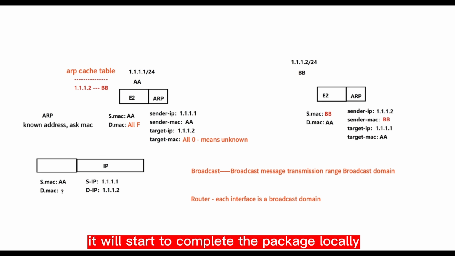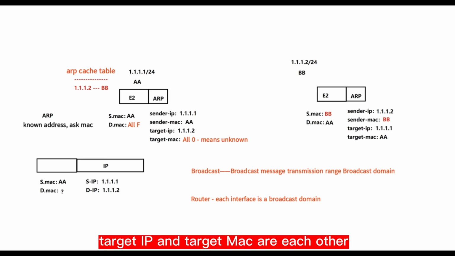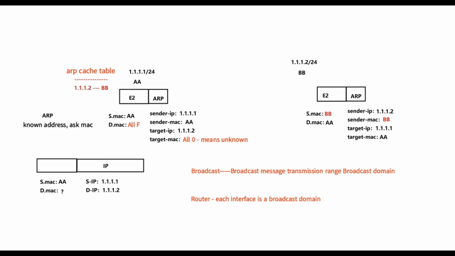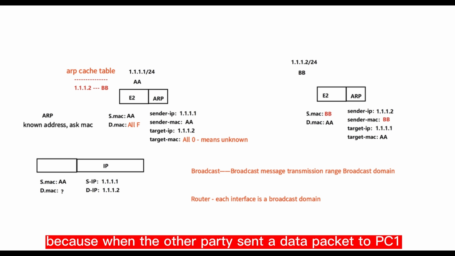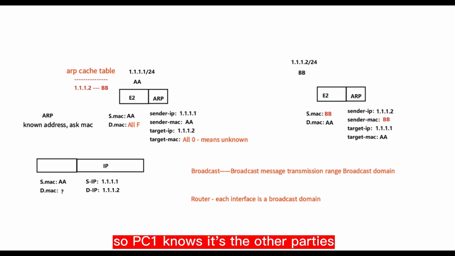It will start to complete the packet locally. When packaging, the sender IP is itself, the sender MAC is also itself, and the target IP and target MAC are the other party's. Because when the other party sent the data packet just now, it wrote its own source MAC, PC2 knows it is the other party's.